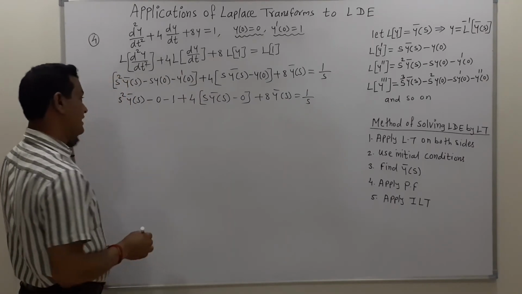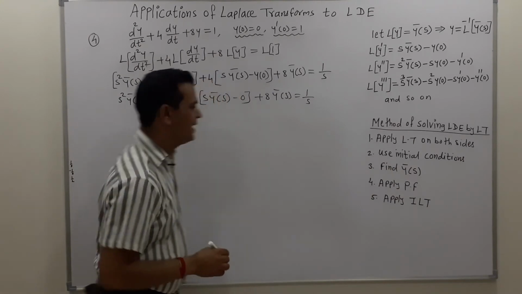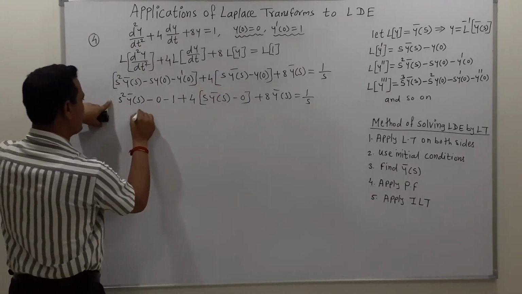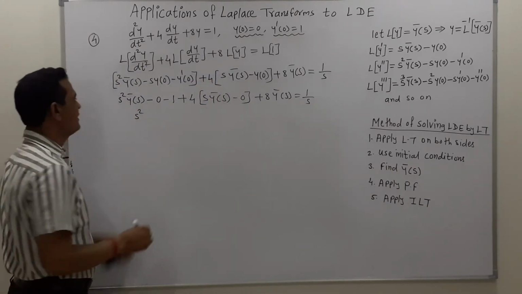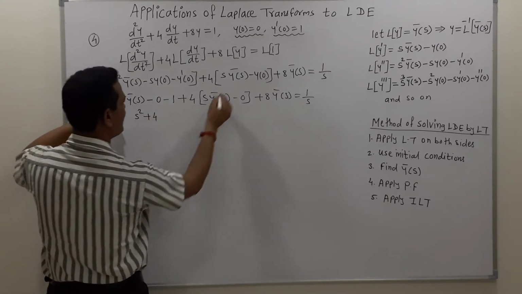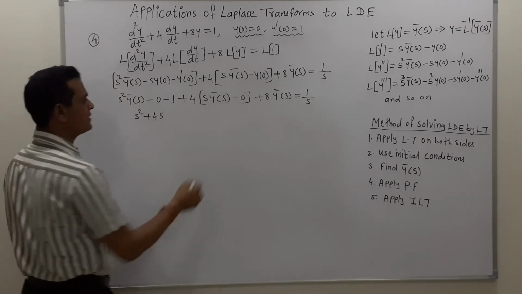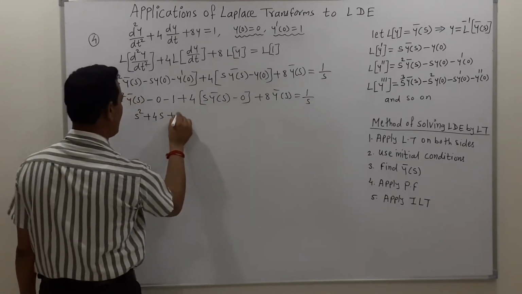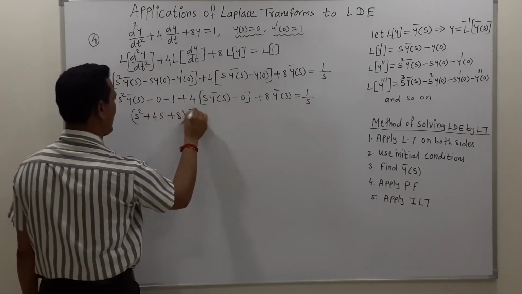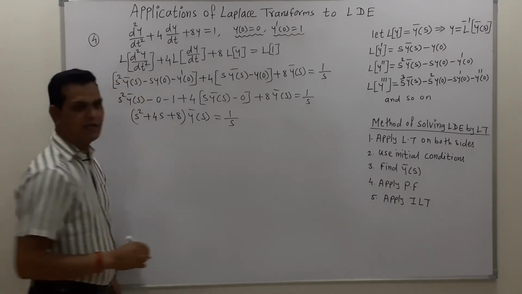Now friends, our next step is to find the value of y bar of s. If we collect all the coefficients of y bar of s together, we get s square plus 4s plus 8, into y bar of s, is equal to 1 upon s.